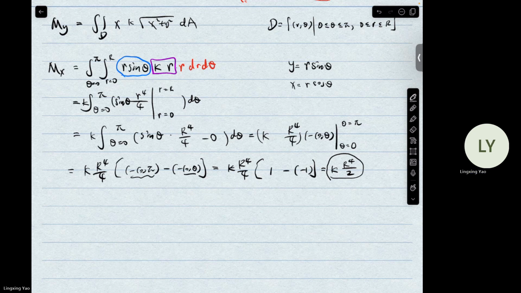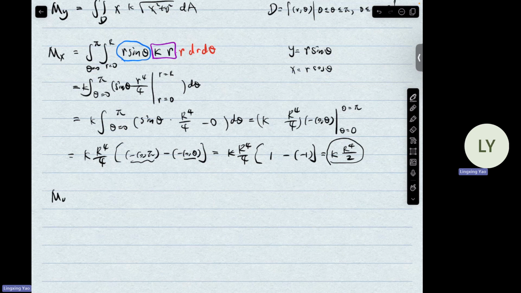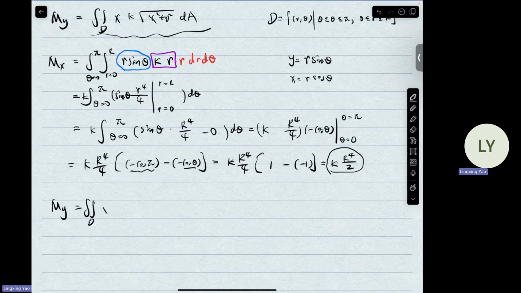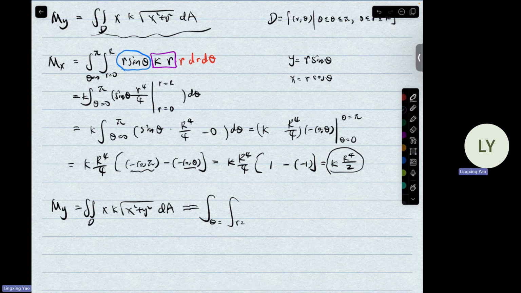Okay. And then now what is the moment about the y-axis? So this is according to your calculation. Let's just copy it down here, and then we can convert it into polar coordinates. Right, so theta and r. And now let's use the same color. This is x.